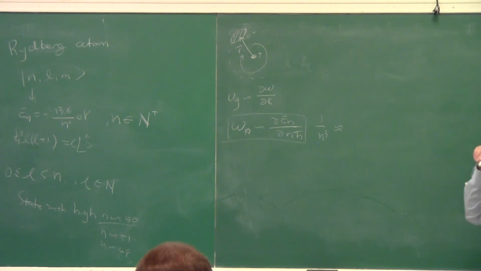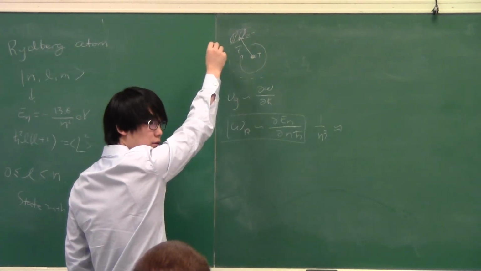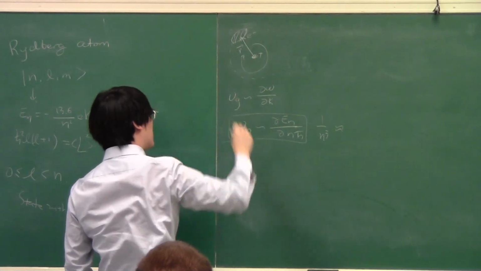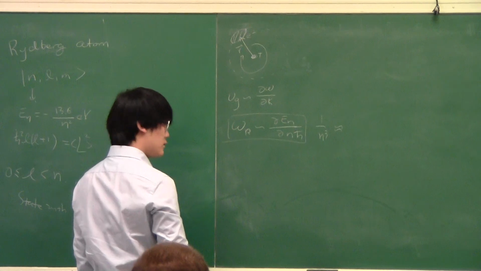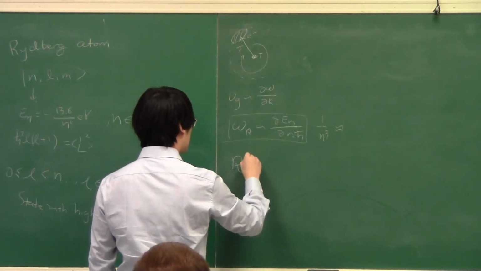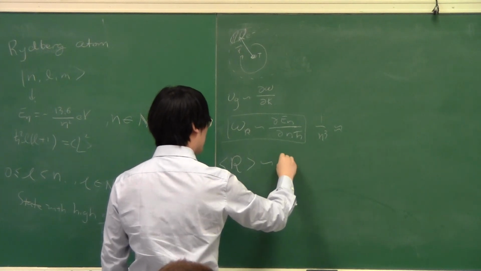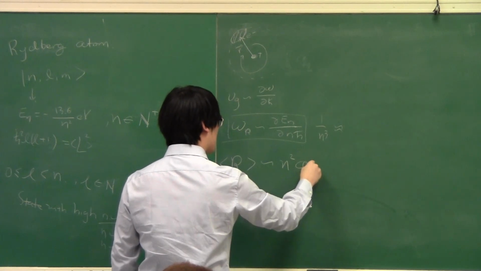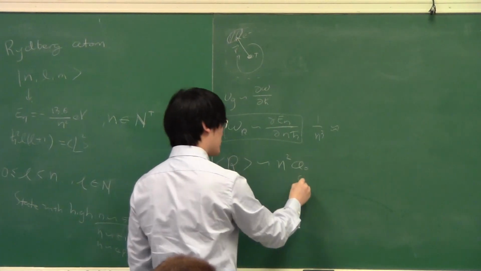And as I was saying, we derived last time that the radius of this orbit scales as n squared. And so the radius is on the order of n squared times the Bohr radius. The Bohr radius is 0.5 angstroms.